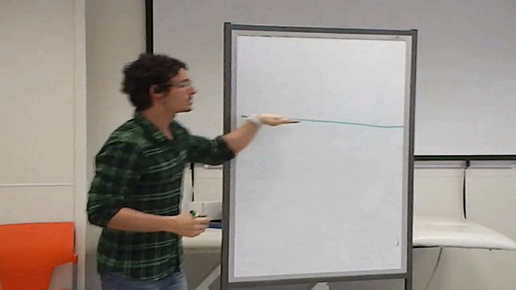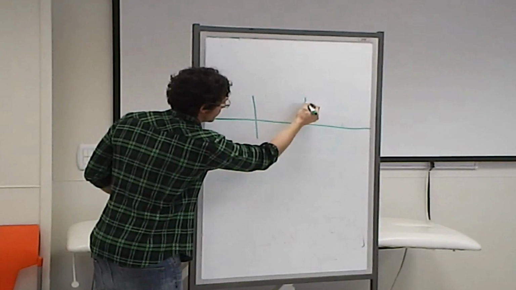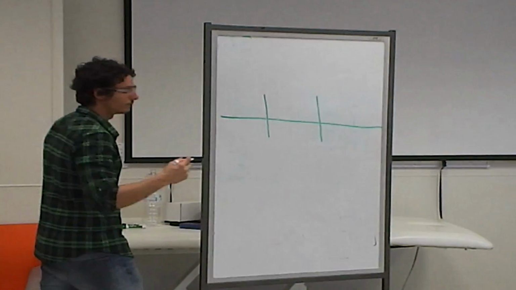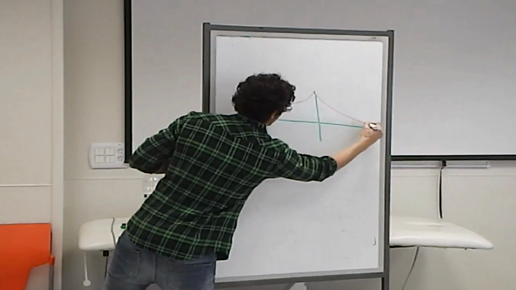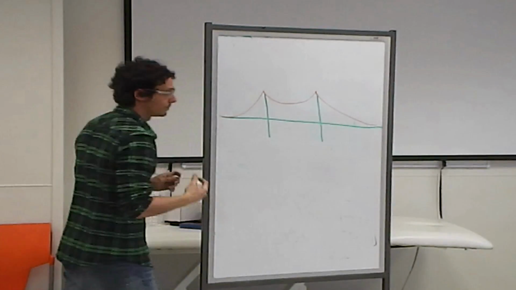Okay, this is the space for the cars. Then you have the pylons, the vertical pylons, and you have a cable. And this is the same cable from the beginning to the end of the bridge.